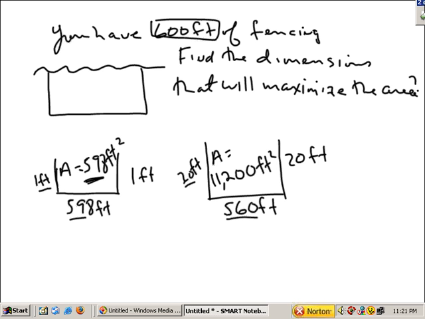Significantly different. Now, when you go into the fence store, you can't tell them, well, I'm only going to get 598 square feet, so only charge me $15. And if somebody else comes in and says, well, I'm going to get 11,000 square feet, the fence person says, well, I'm going to charge you a lot more. Nonsense.